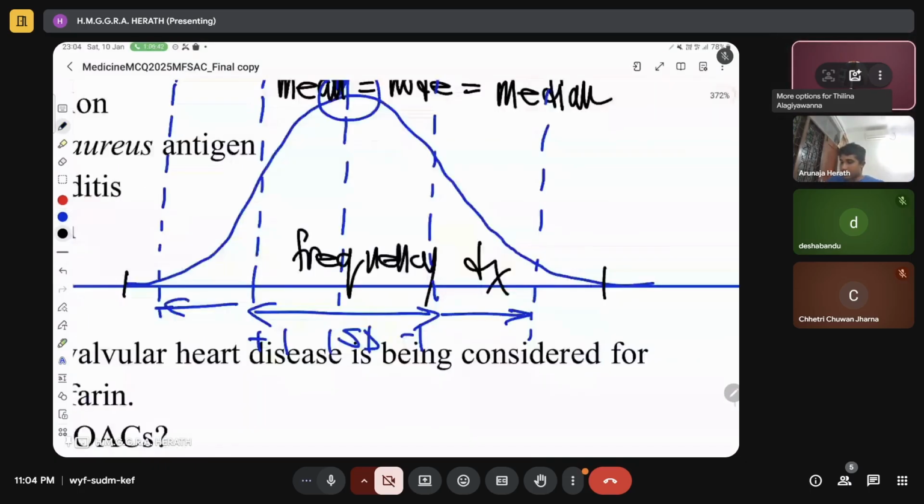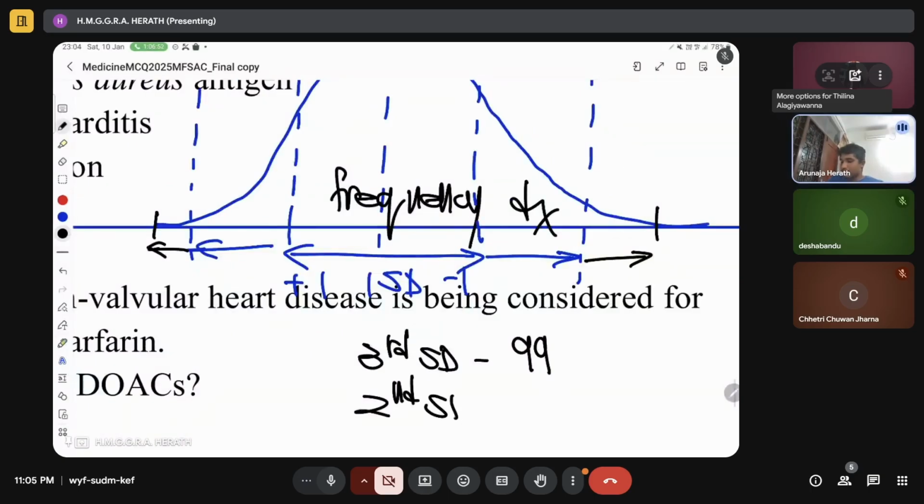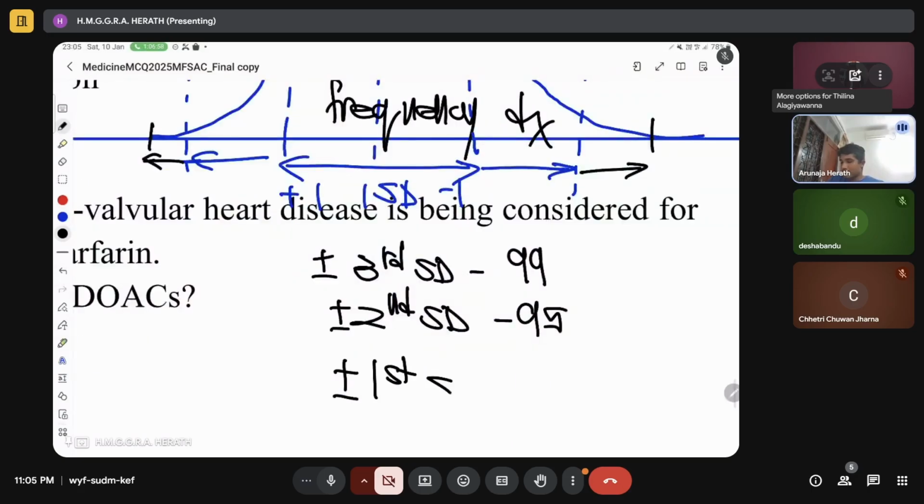Third standard deviation 99. Second standard deviation, plus or minus, 95. And then plus or minus first standard deviation, actually 60.